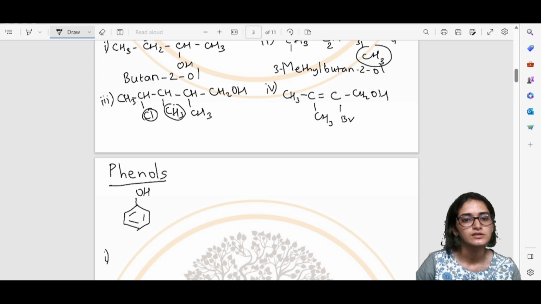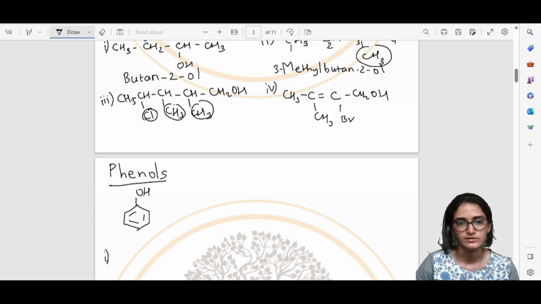So this and this, there are 3 substituents here. Now one question comes: there are 3 substituents, so how do we go about writing their names? First will chlorine come or first will methyl come? Here we have to write first chlorine and then go for the methyl group.